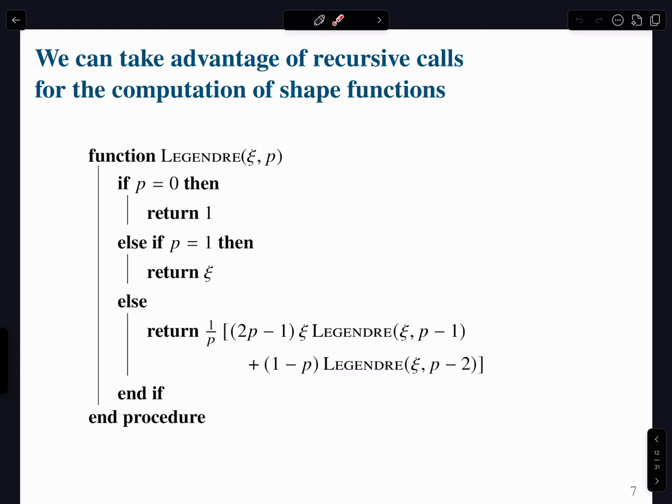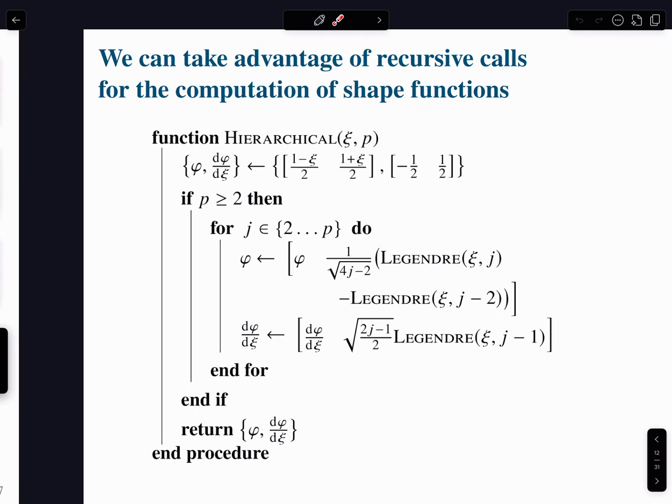That's why it's a recursive function, right? It's calling itself. And obviously, if you don't have a means to finish the recursion, then you get into an infinite loop, right? You just have to break the program in order to get out of it. And so these are the two cases that finish the recursion. Okay? So very simple function, very straightforward way to compute the Legendre polynomial.